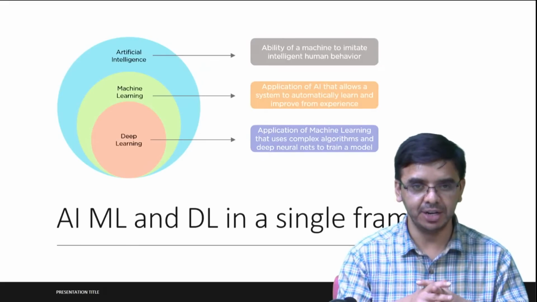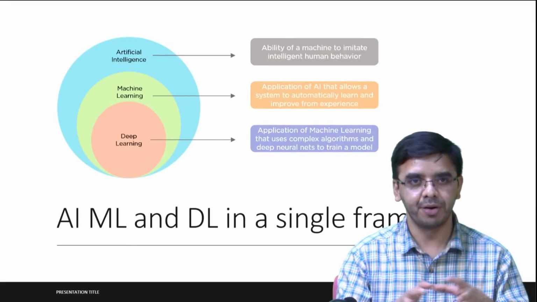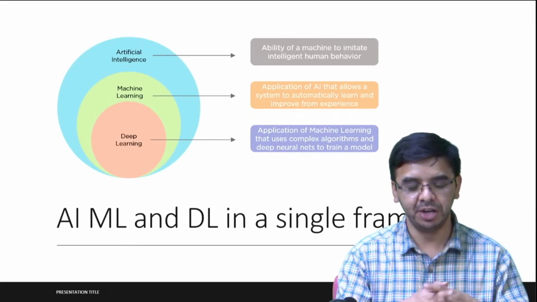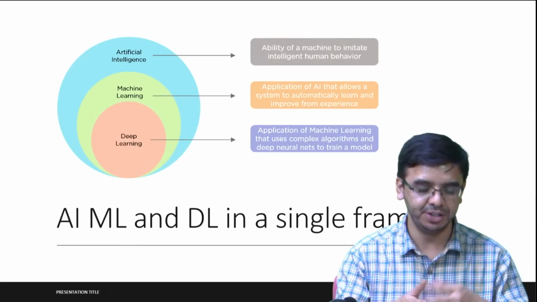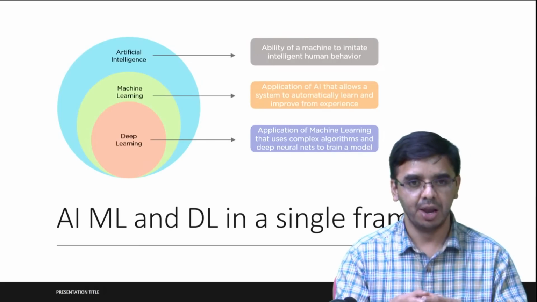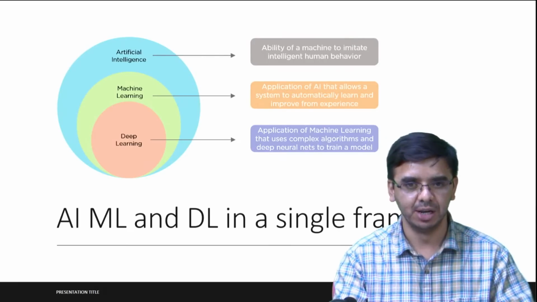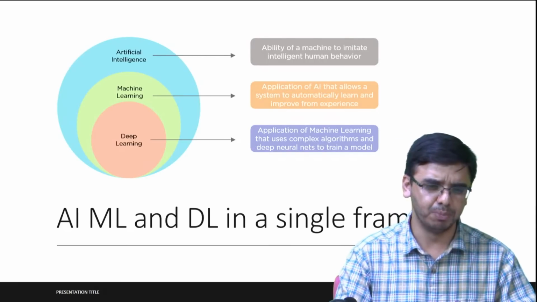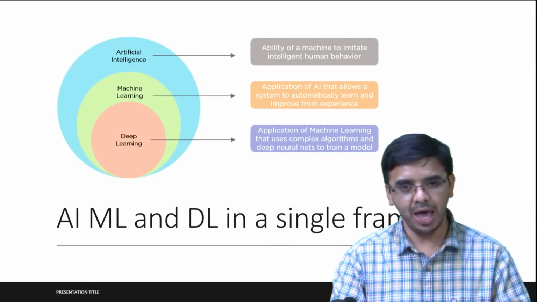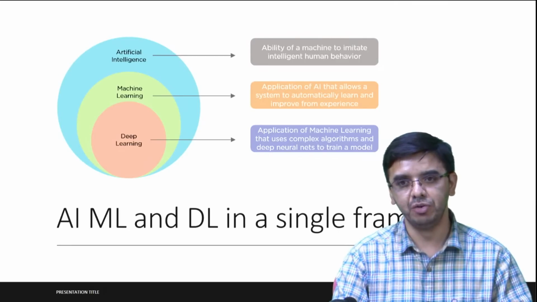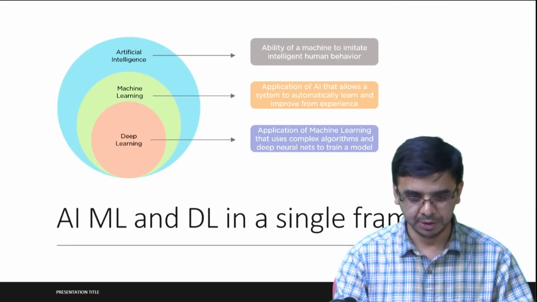So artificial intelligence is a broader term, and inside it there is a subset called machine learning, which is learning from the previous data. The learning may be in the form of some statistical similarities, and a subset of machine learning where we use artificial neural networks is called deep learning.